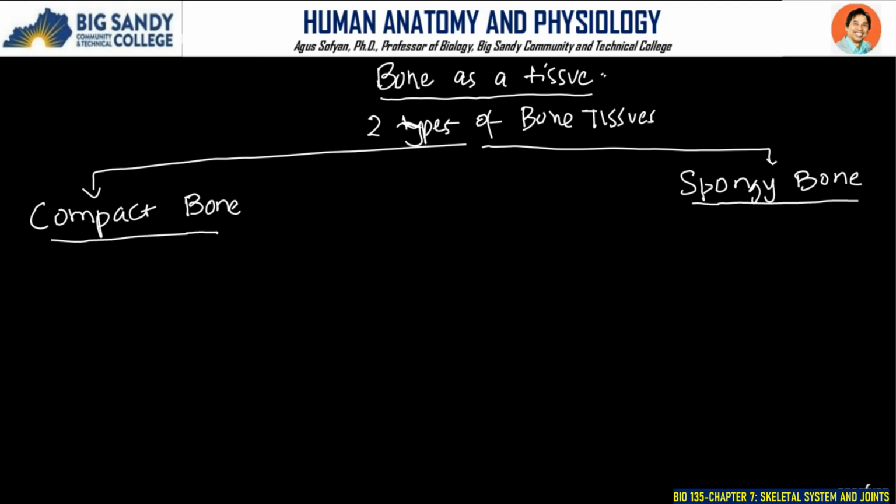Now, how does the compact bone look? If we take a long bone like this, the middle part mostly consists of compact bone. So this is the location of compact bone, in the middle part of the bone.